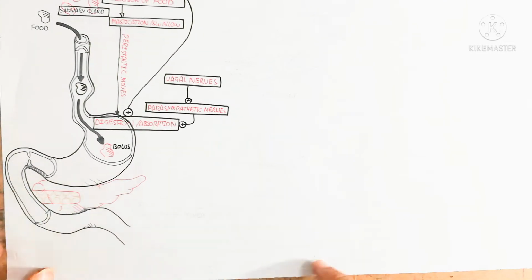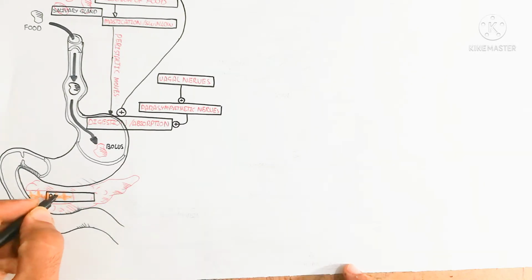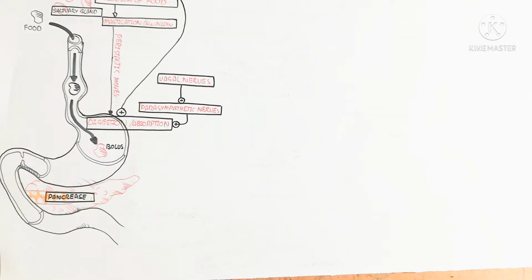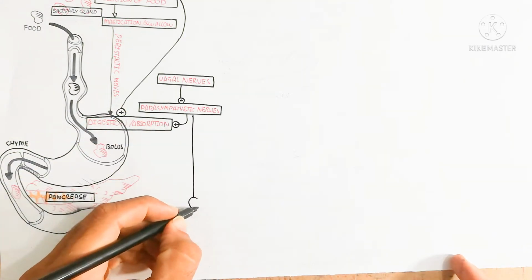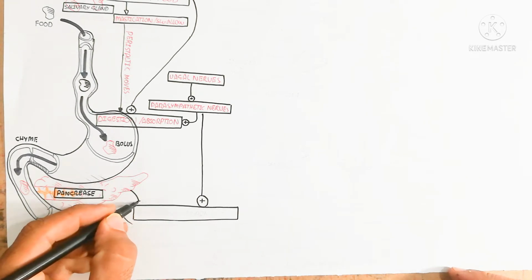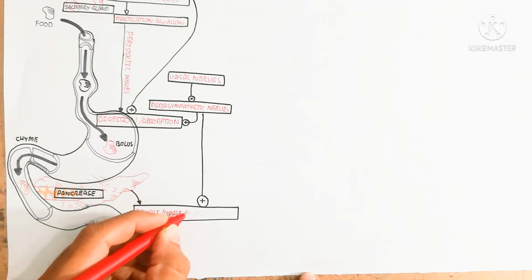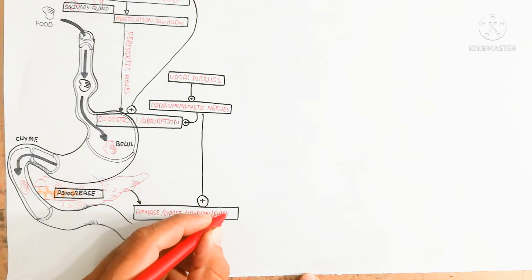After the complete digestion and absorption, the vagal nerve gives a negative feedback mechanism. In this way the inhibition of the vagal nerve stimulates peristaltic movement to expel the bolus as chyme.